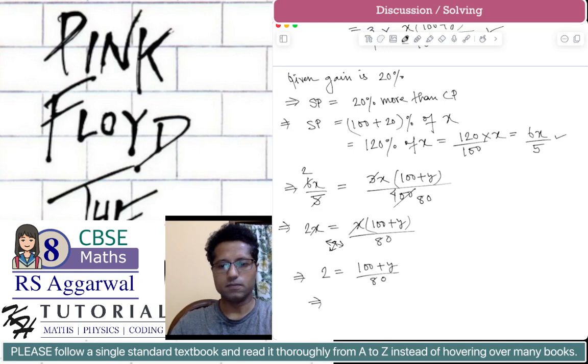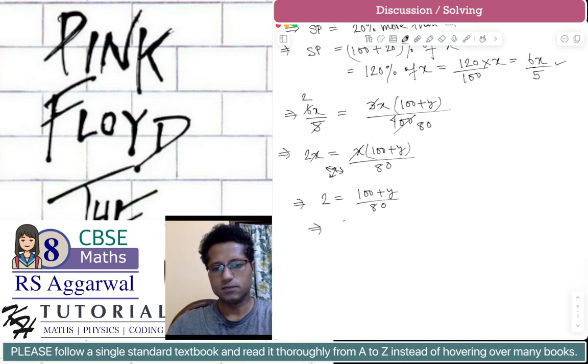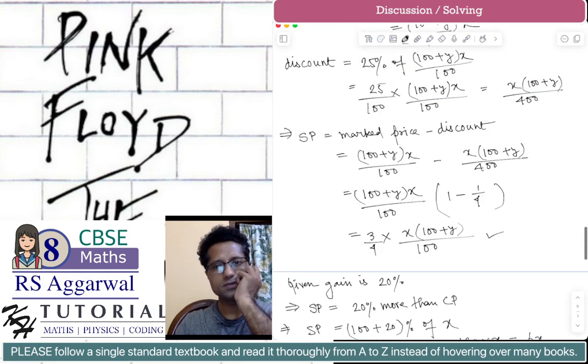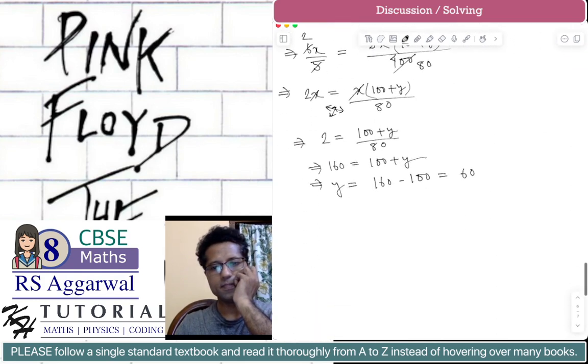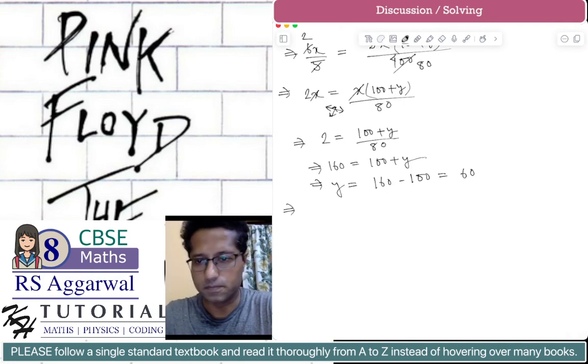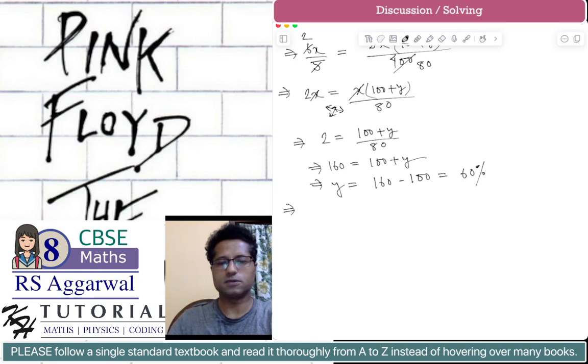Now doing cross multiplication we get 160 is equal to 100 plus y. This implies y is equal to 160 minus 100, which is equal to 60. So y is actually 60%.